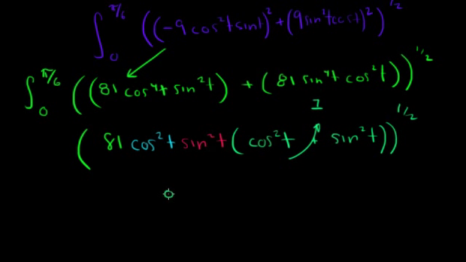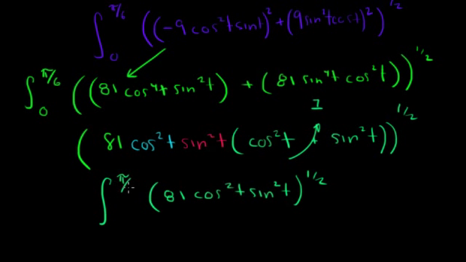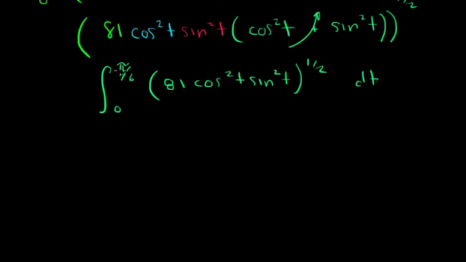So now you're left with the integral of cosine squared of t sine squared of t, from 0 to pi over 6, with respect to t.